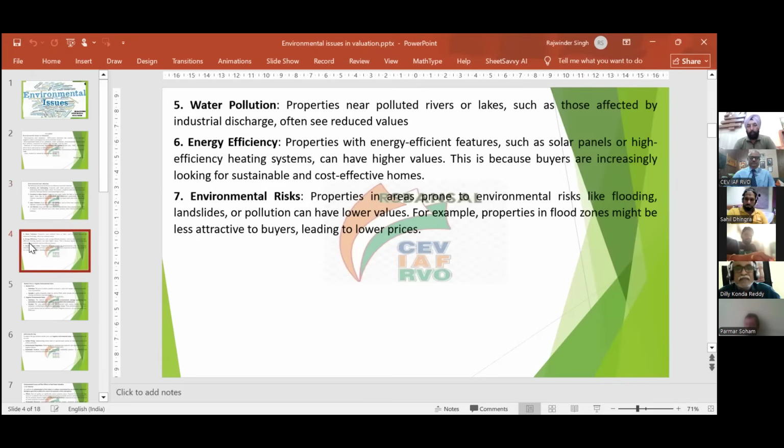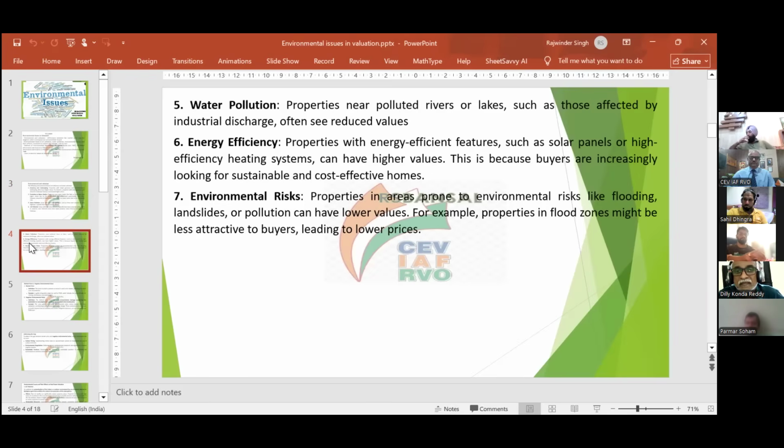And then water pollution: properties near polluted rivers, polluted lakes, polluted nalas, which are affected by industrial discharge, often see reduced value.